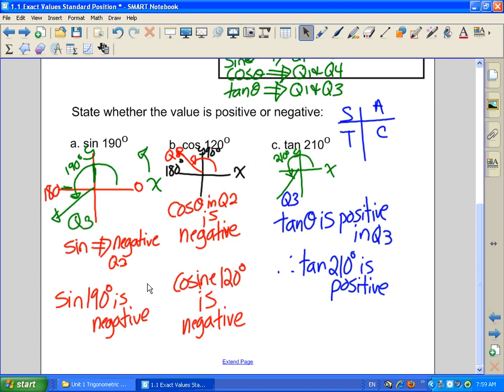So the CAST rule helps us decide if things are positive or negative depending on what quadrant they are in. And we're going to keep using this CAST rule. Now on the next page, folks, we're going to explain these angles in standard position. That will help you understand, hey, Mrs. R, how did I draw these angles in the first place? So let's go to angles in standard position.